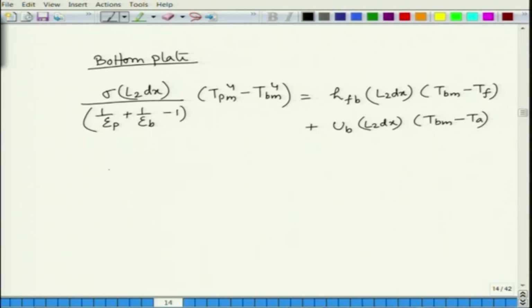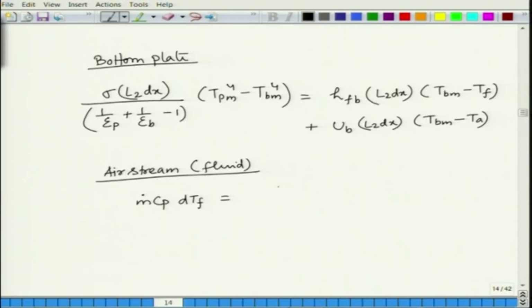Now, similarly, we can do that for the air stream, which is the heat carrying fluid in this particular case. Here we can do the control volume analysis and write the mass flow rate multiplied by the specific heat and multiplied by the change in temperature of the fluid in dx length.